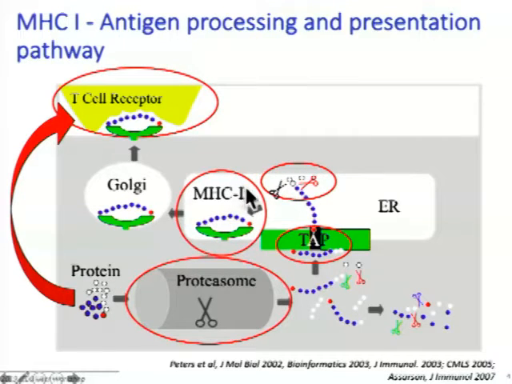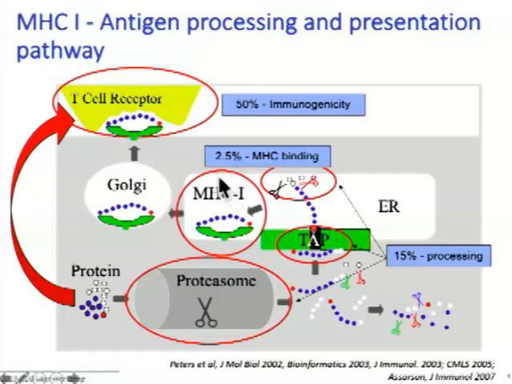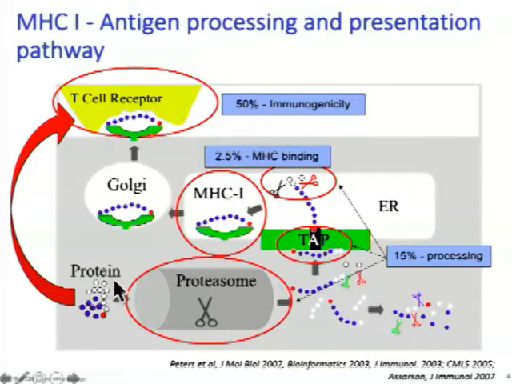And the reason why we stress MHC binding so much is that this is the most highly selective step. To be very generous, maybe 2% or so of all peptides can bind a given MHC class 1 molecule, versus about 15% or so of all possible peptides, we roughly estimate, that are generated through the processing pathway.